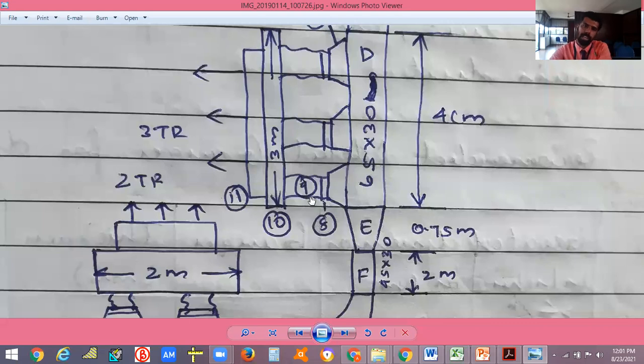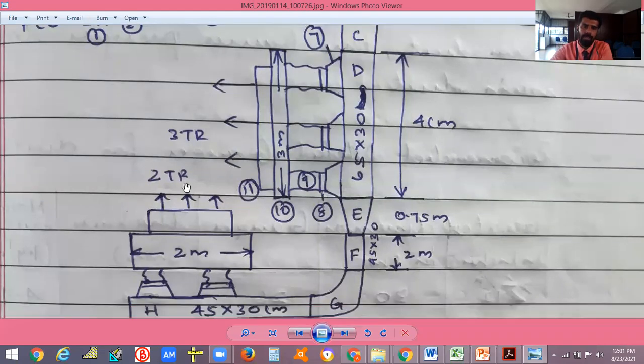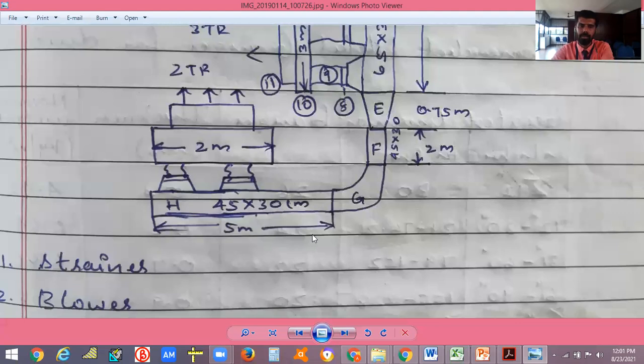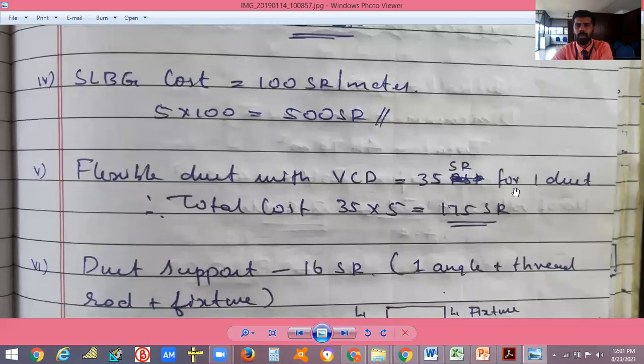So how many flexible ducts with VCD are there? 1, 2, 3, 4, 5. So just see that and give its value. Flexible duct with VCD is 35 for one duct, so 5 ducts are there. 35 into 5, 175 Saudi Riyal.